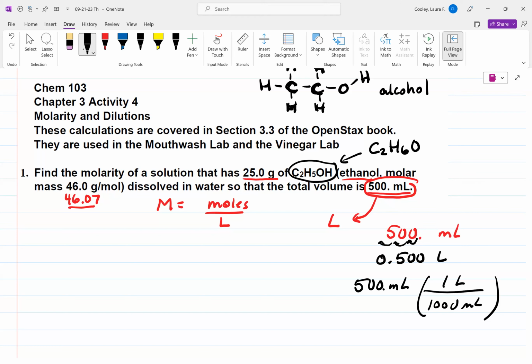But I gave you the molar mass. And you will divide that by the volume in liters to get the molarity that you're asked to find.